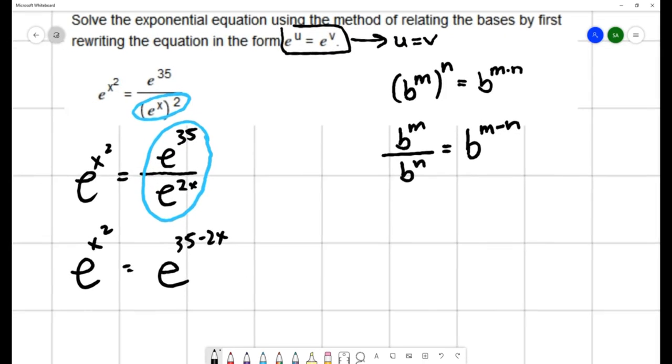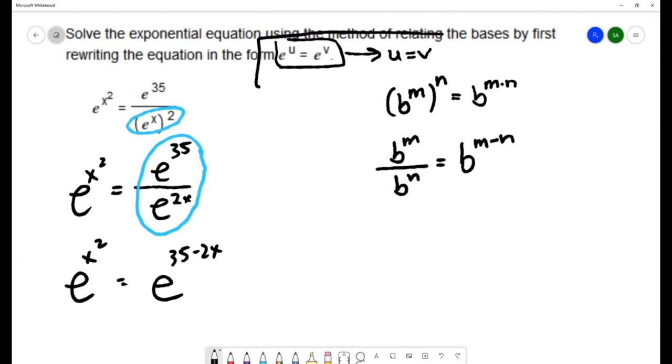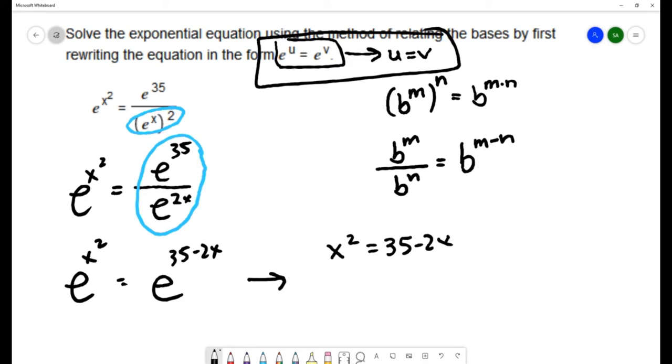Now we're at the point where we can use the one-to-one property. We have made the bases the same on both sides, so those exponents must be equal to each other. We get x squared is equal to 35 minus 2x. This is a quadratic equation. We'll move all the terms to the same side: x squared plus 2x minus 35 equals 0.